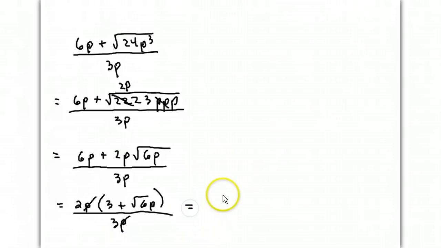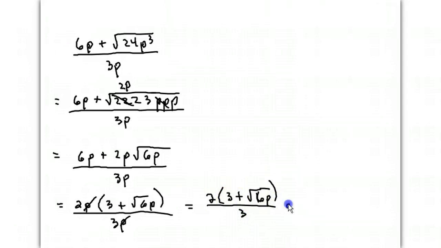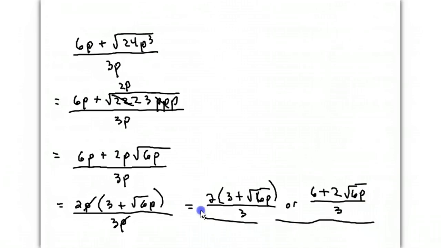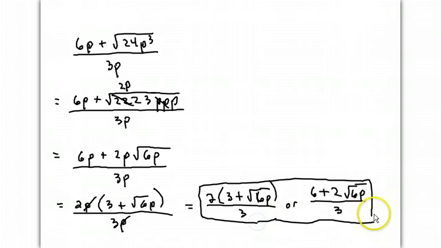So what you end up having is you can call this 2 times 3 plus square root of 6p over 3, or you can call it 6 plus 2 square root of 6p over 3 if you multiply the 2 back out. So both of these will be considered a right answer, and they're equal to each other.